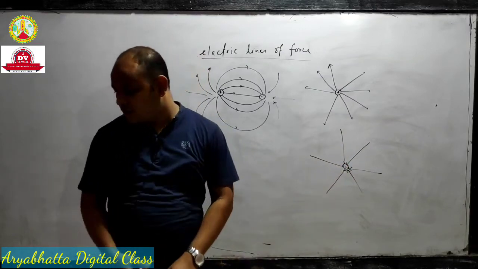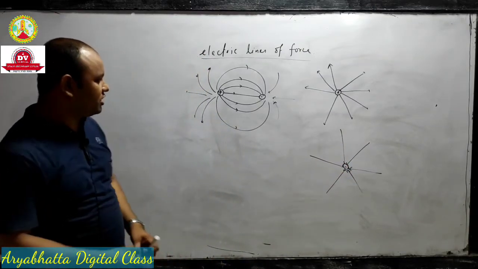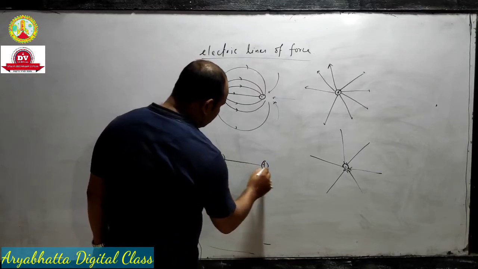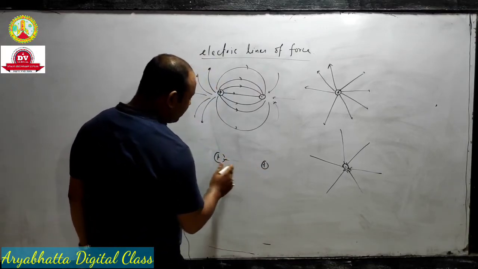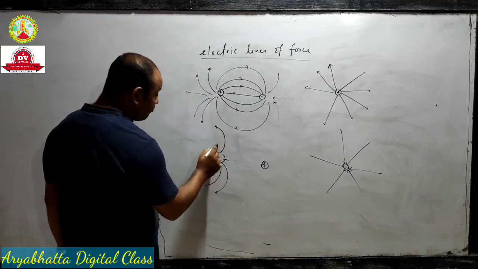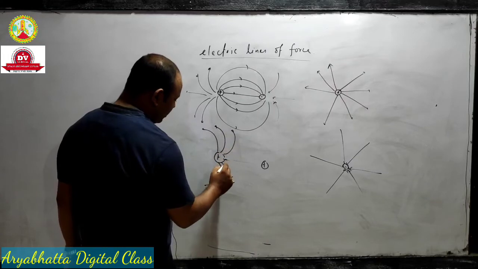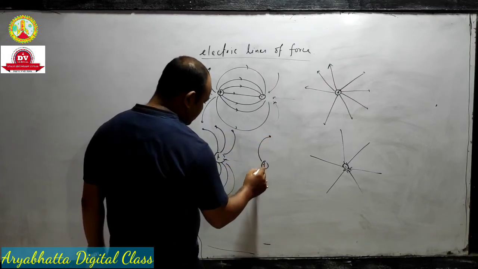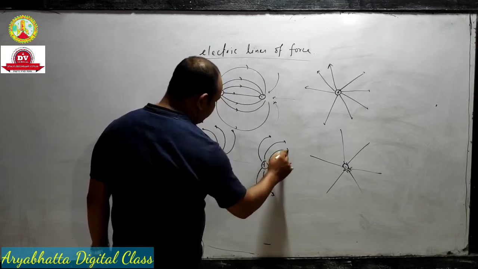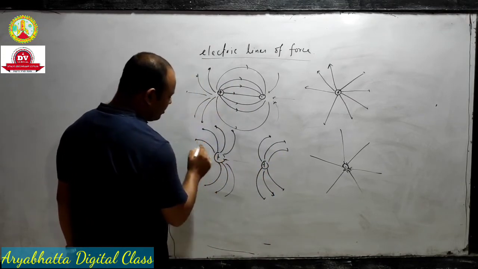Okay, if you consider two positive charges, I have considered two positive charges. Okay, then what happens, the electric field lines will look like this, the electric field lines will be repelled from one another.